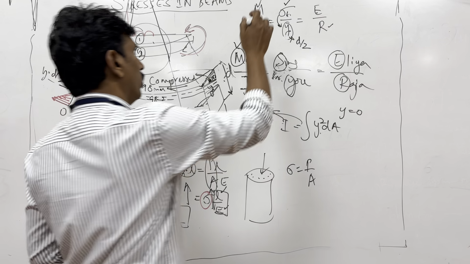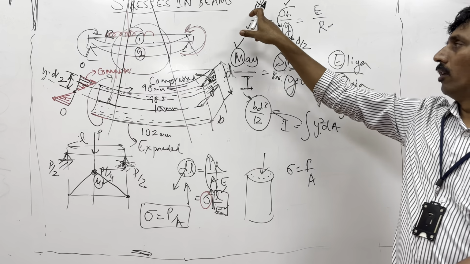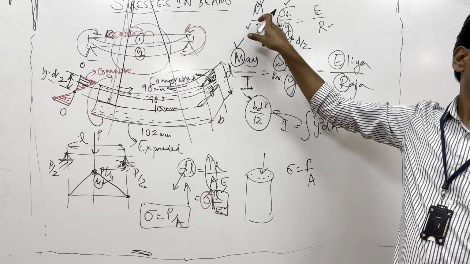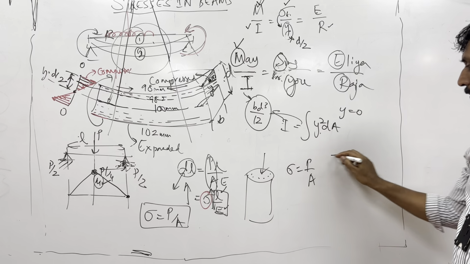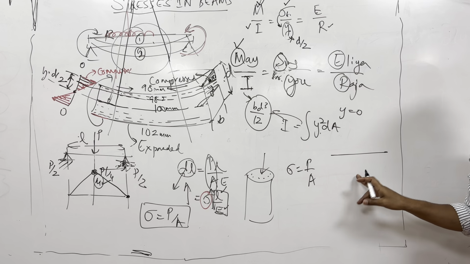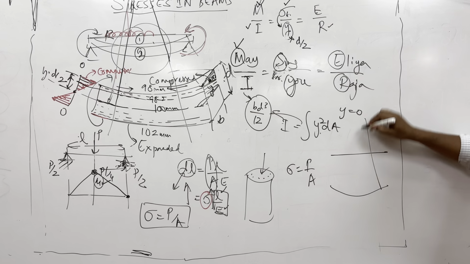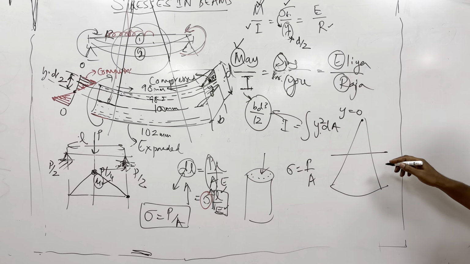The more bending moment you apply, the curvature becomes less. So when you have a straight beam, the radius of curvature is infinite. So what is actually curvature? If you draw perpendiculars like this, they go and meet here, no? That is actually the radius of curvature.